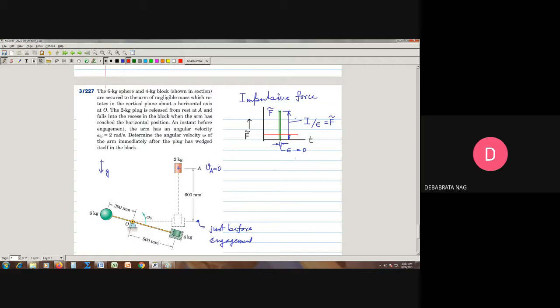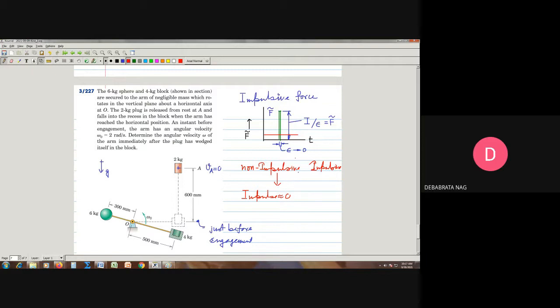Therefore, it is a general rule that if your system has mixed types of forces, that means you have non-impulsive forces as well as impulsive forces, correct? If both these categories of forces are present in a particular system, it is customary that the impulse of the non-impulsive forces is taken to be equal to 0.